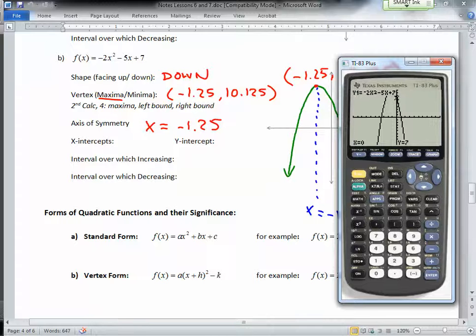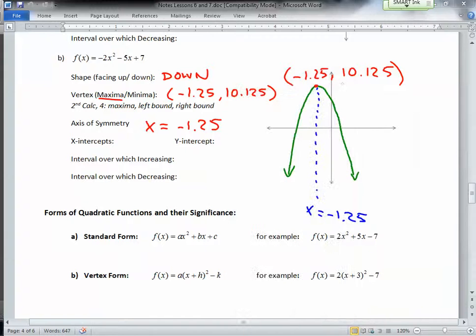Cool. So now I can write in this information up here. My x-intercepts were at x equals negative 3.5 and positive 1. Remember, that represents 2 x-intercepts. My y-intercept is at the point 0, 7.